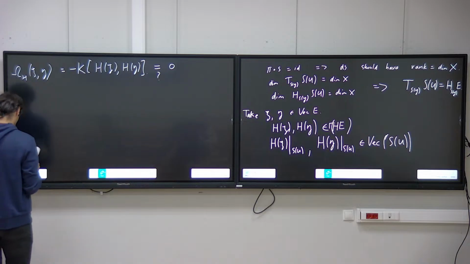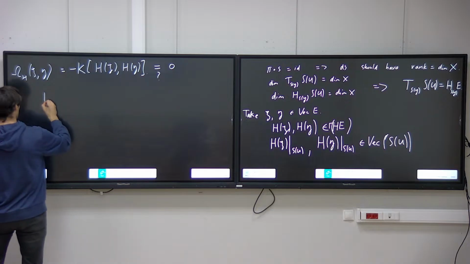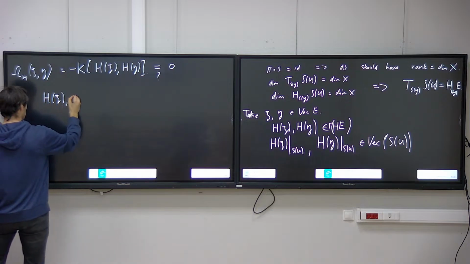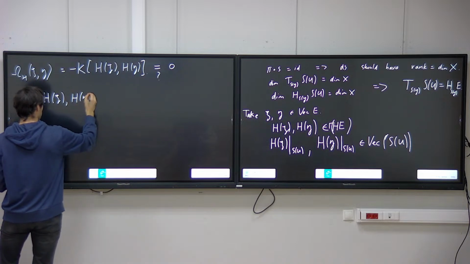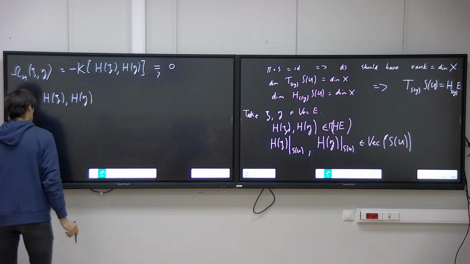Right? So I need to take the commutator of these two things.